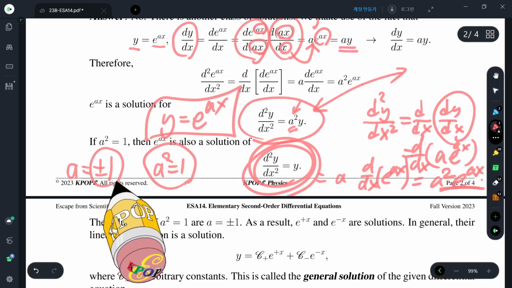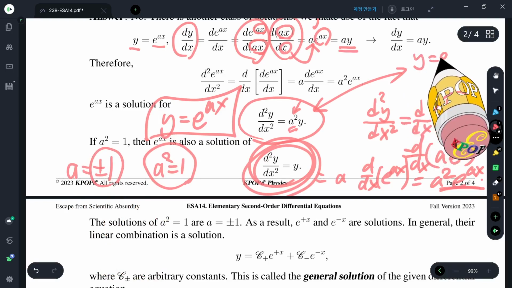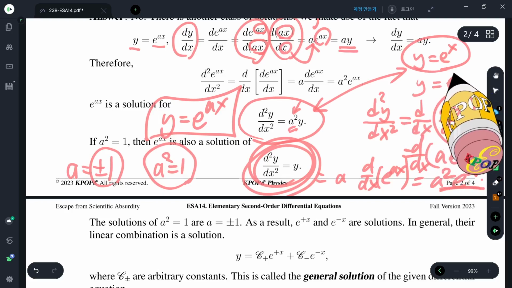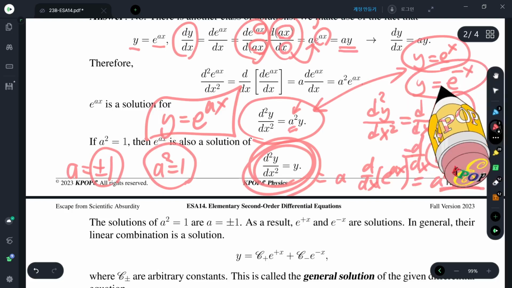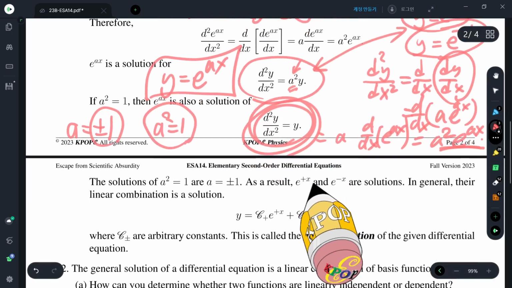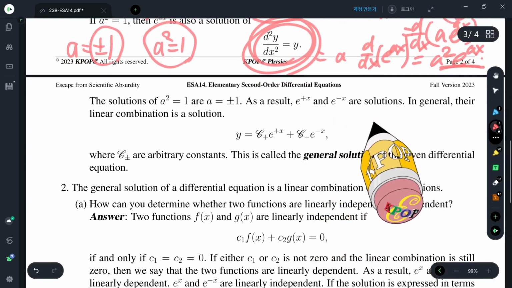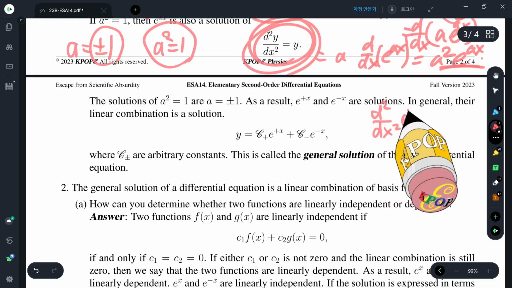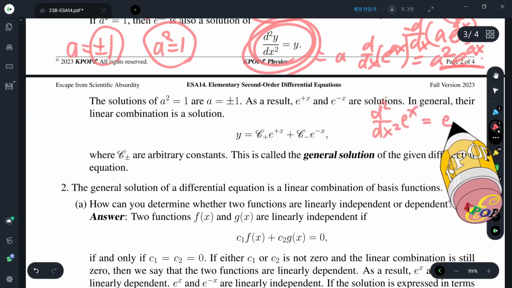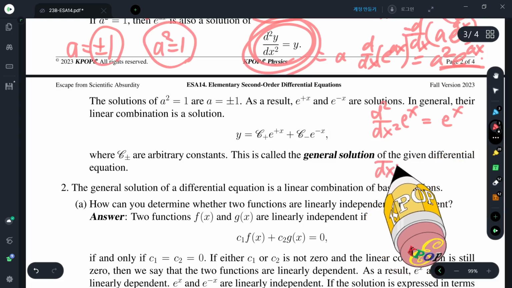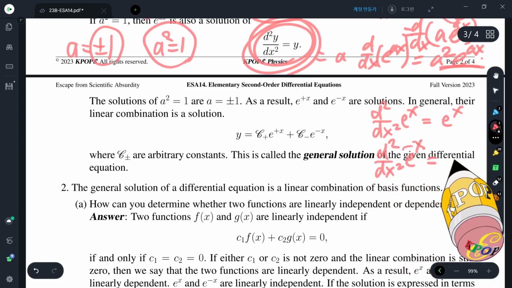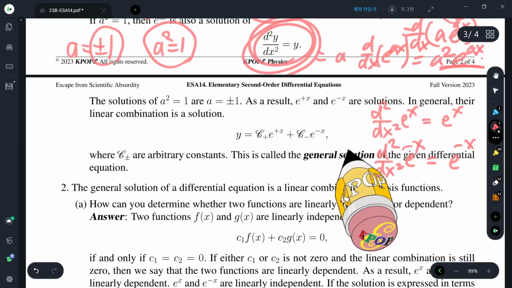That means I have y equals e to the x and y equals e to the minus x. Both of them satisfy the equation. Okay, so d squared e to the x over dx squared equals e to the x, and d squared e to the minus x over dx squared is again e to the minus x.